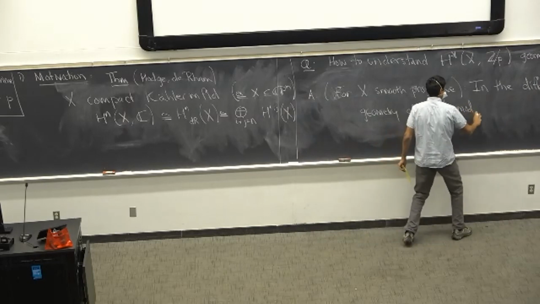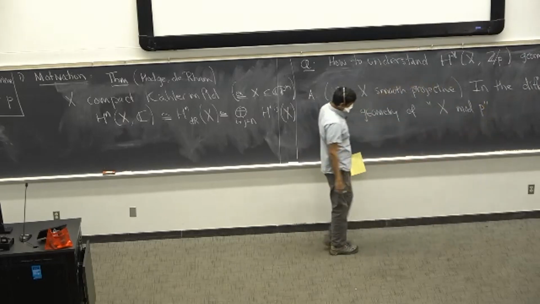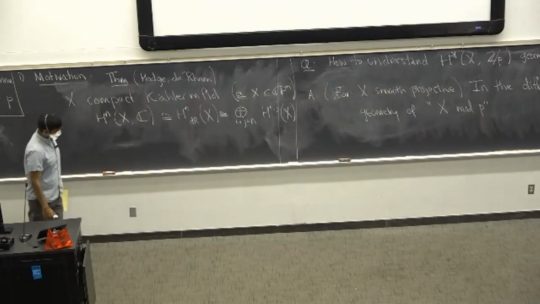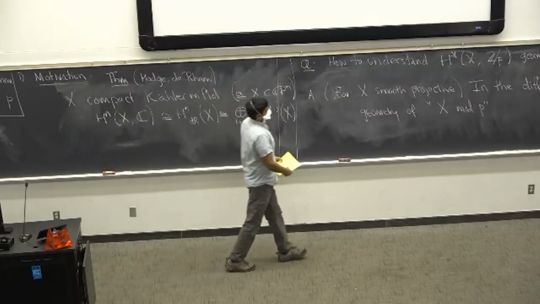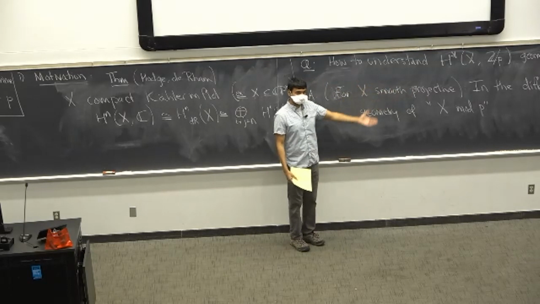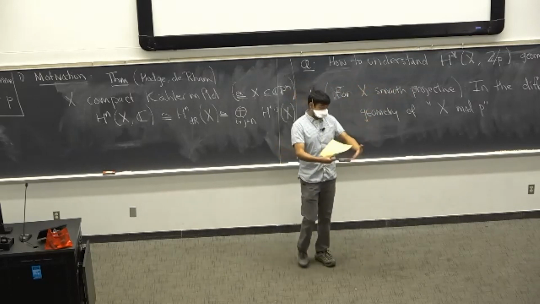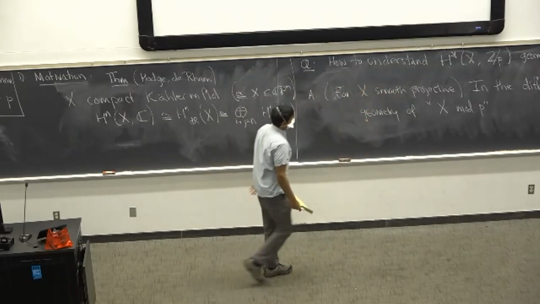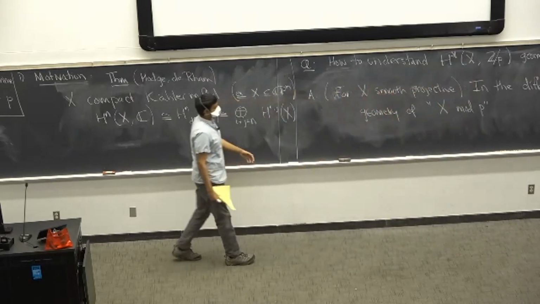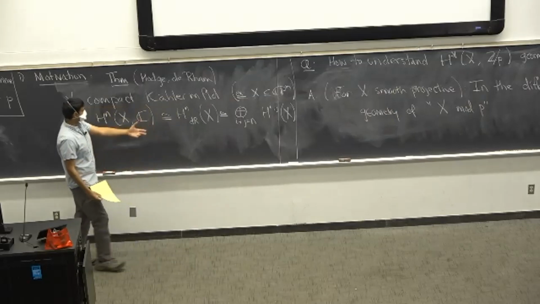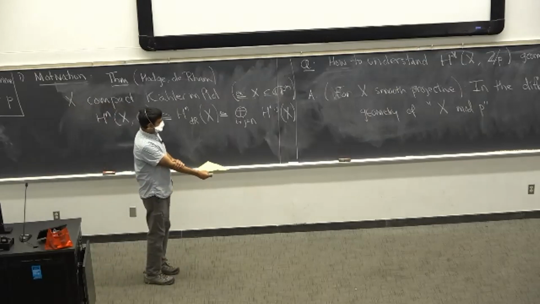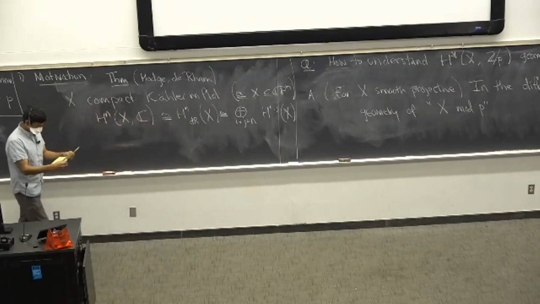So in the differential geometry of X mod P. And I'll make sense of what I mean by X mod P in a few minutes, but roughly the idea is that if your X is defined by algebraic equations, you can take those equations and just reduce the equations mod P. You get a system of equations over Z mod P. You can study its solution set. And in the differential geometry of that solution set, we are going to find a differential form which will correspond to some interesting classes over here. So that's the direction in which you're headed.